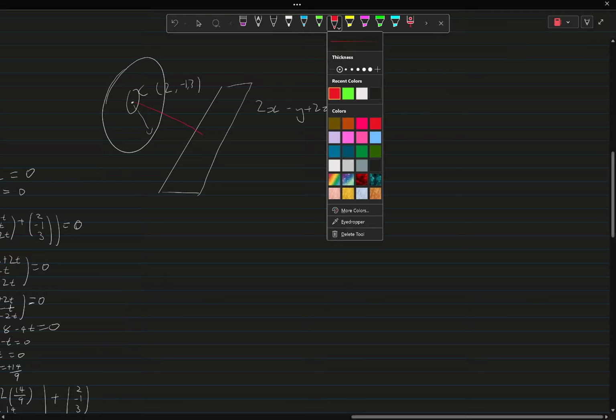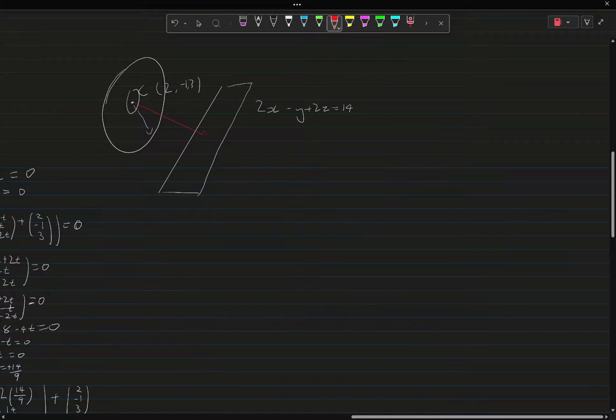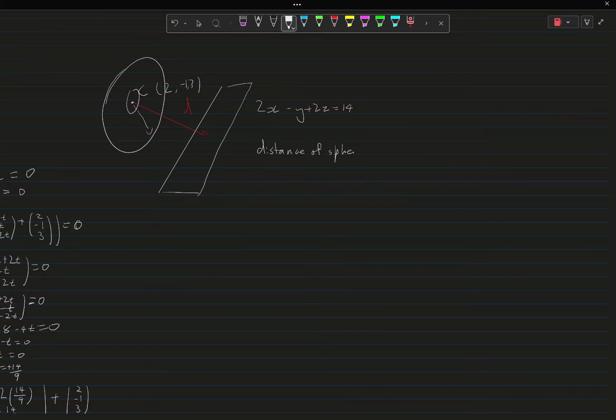The distance we find from the point to the plane is going to be the radius minus the distance, and that's the minimum distance from the sphere to the plane. So we're finding d, but the actual distance of the sphere will be d minus r.